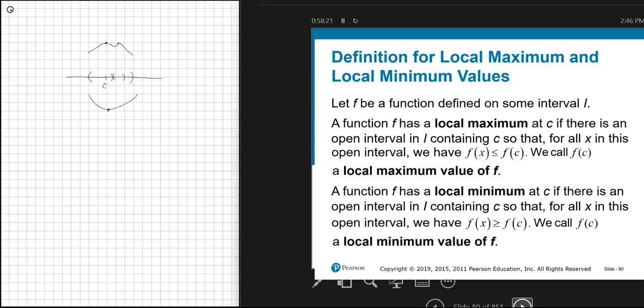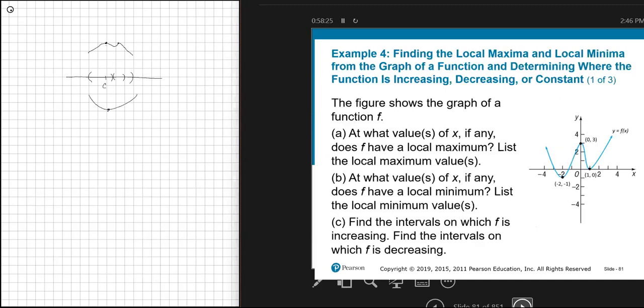Now, when we start talking about this on a graph, it looks something like this. That's what they have there. They should have put arrows on the end there. They did. Okay. So I look at my low points, I look at my high points. I look at the top of the hills and the bottom of the valleys.